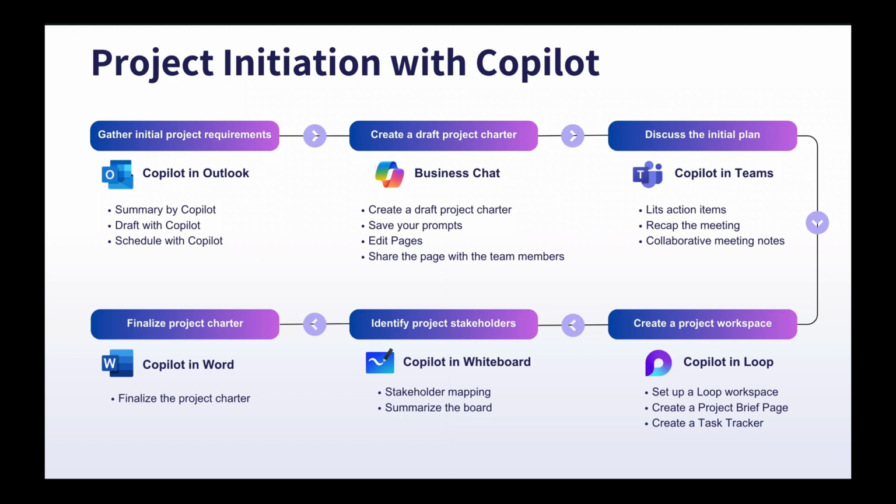We will also use Copilot and Whiteboard to identify the project stakeholders and their influence and interests. At the end, we will have Copilot in Word to finalize the project charter. So in a nutshell, this is the flow of today's demo. Let's get started.